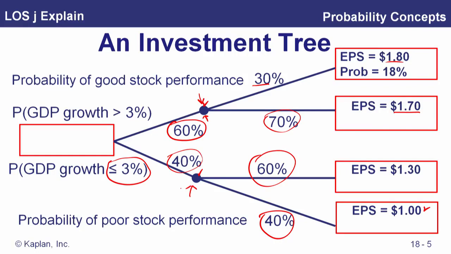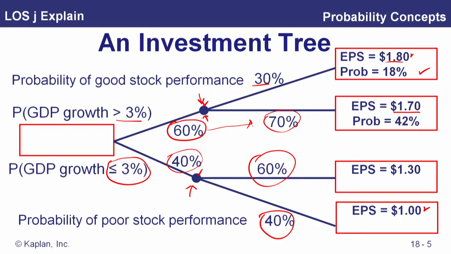So here is our joint probability of GDP growth greater than 3% and good earnings of $1.80 here. So that's 18% of the time. Now just multiplying across, again, we can get the probability of earnings per share of $1.70 as 42%.